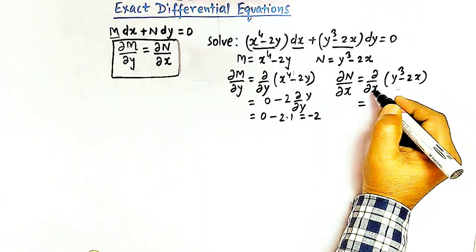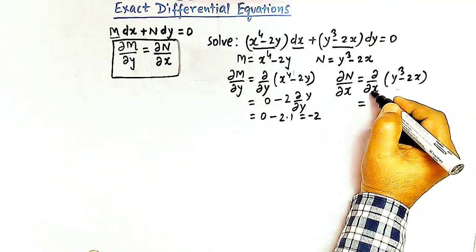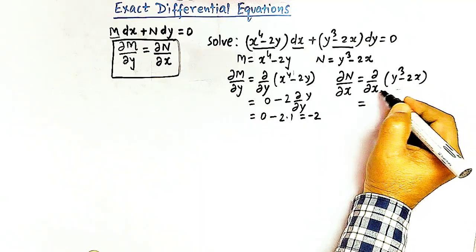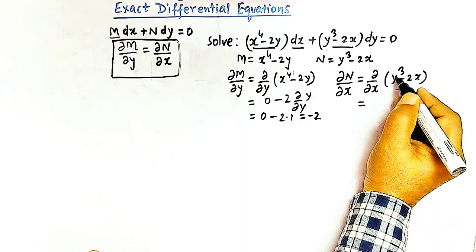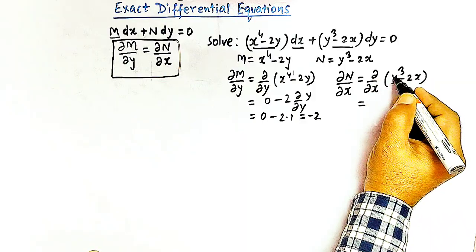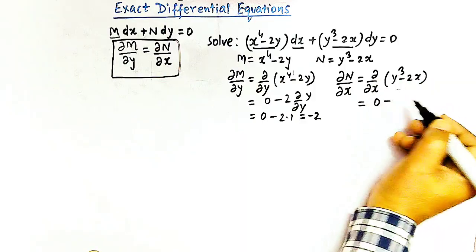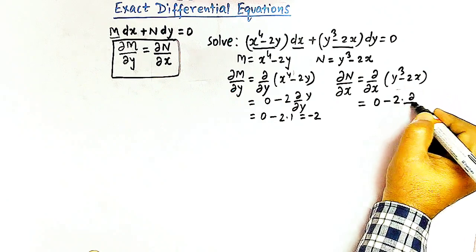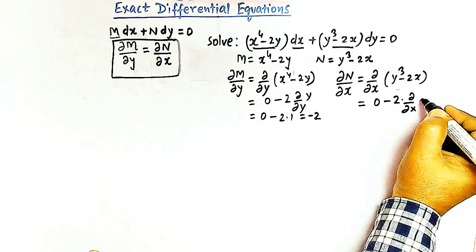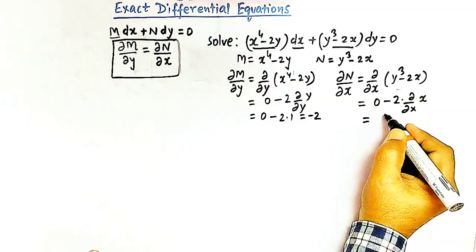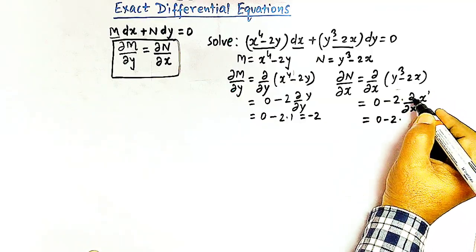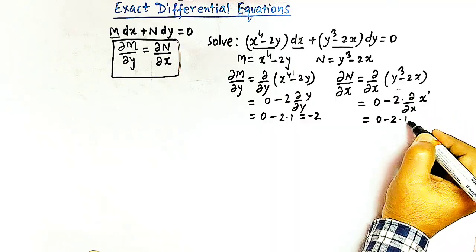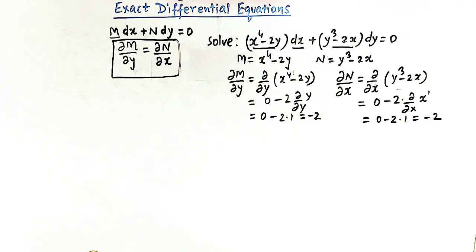The term y cubed does not contain any x, so its partial derivative with respect to x is 0, and then we have minus 2 times the partial derivative of x with respect to x, which is 1, so we get minus 2.